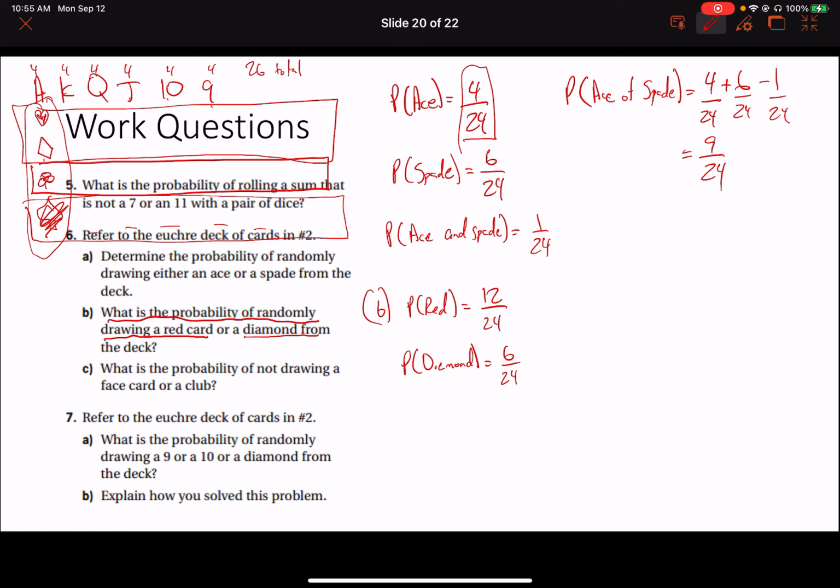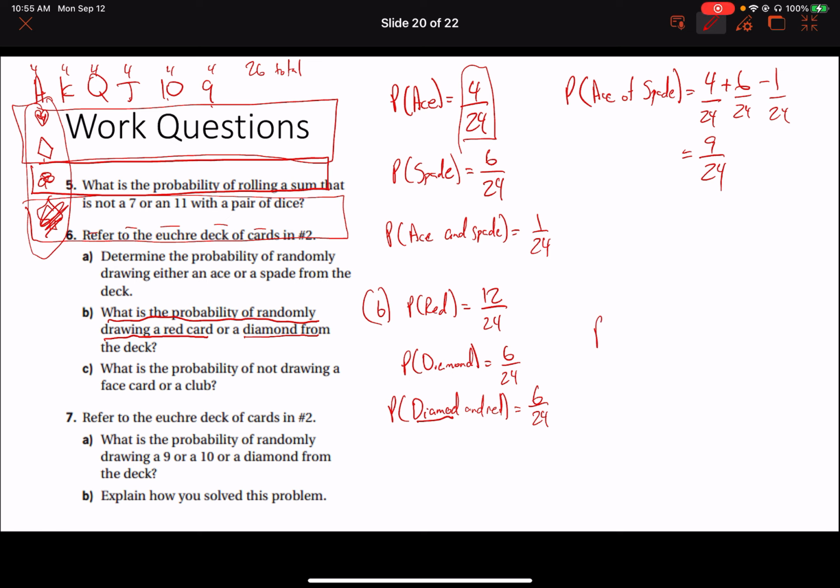Now, all diamonds are red, so the probability of diamond and red has to be both, so it's basically 6 over 24.